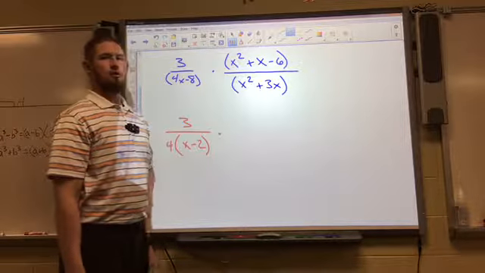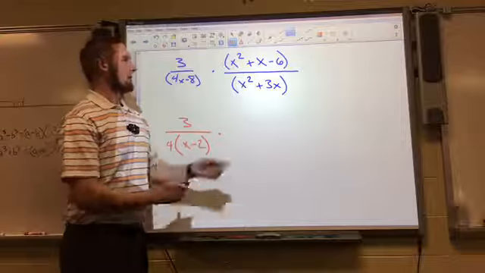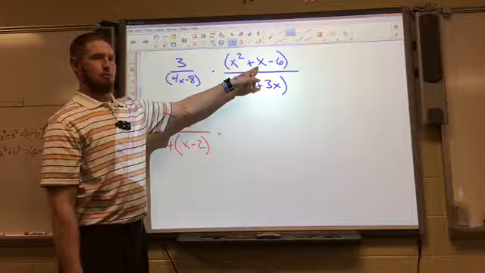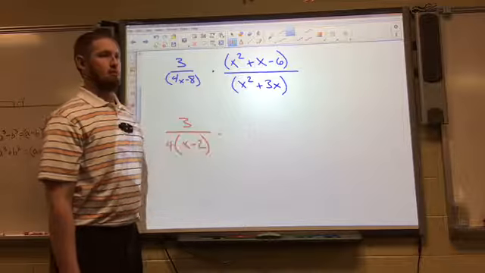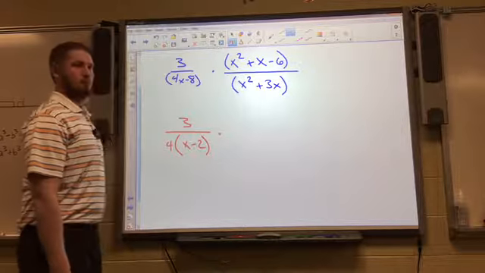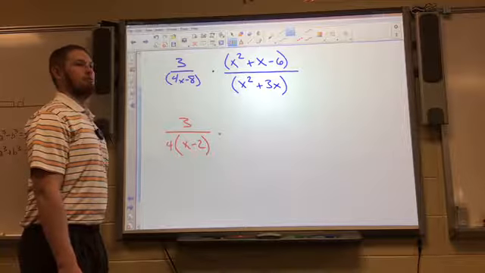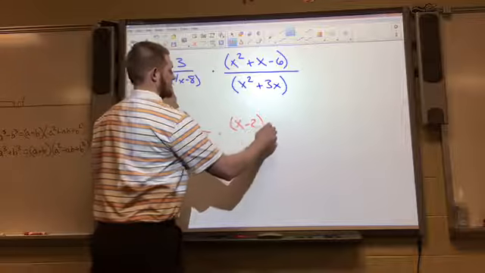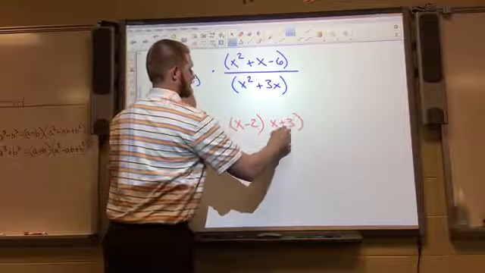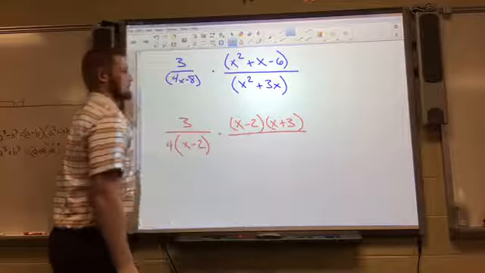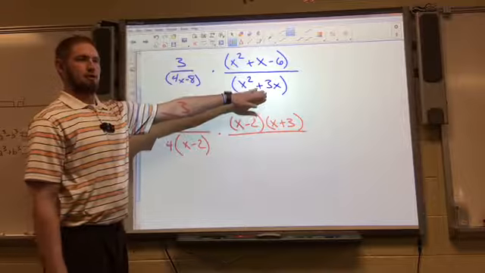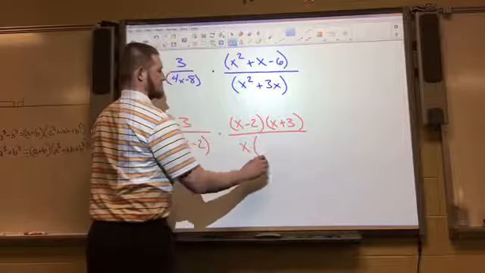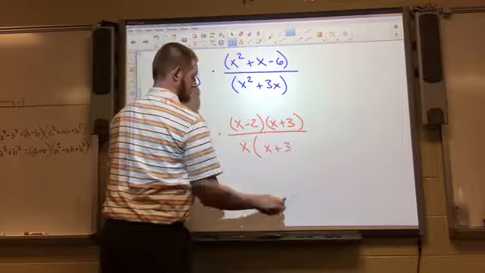No, not what goes into all of it. What multiplies to negative 6 and adds to positive 1? What is it? The negative has to be the 2. So it's going to be x minus 2, x plus 3. Okay, can I factor anything out of this? I can take out an x. So I have x times x plus 3 now.